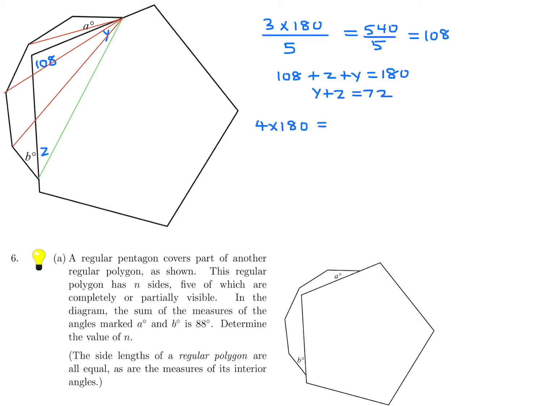Now I've got to figure out what to write in terms of the angles. The good news is that they gave us a regular polygon, and as they state in the question, all the internal angles are equal. So this guy, this guy, this guy, and this guy, those are all equal. I'll just call those x.